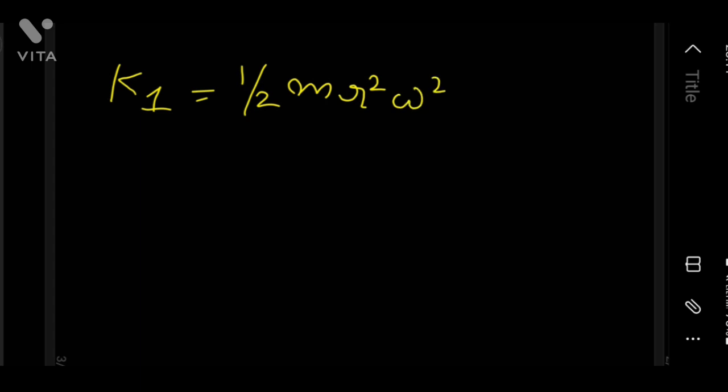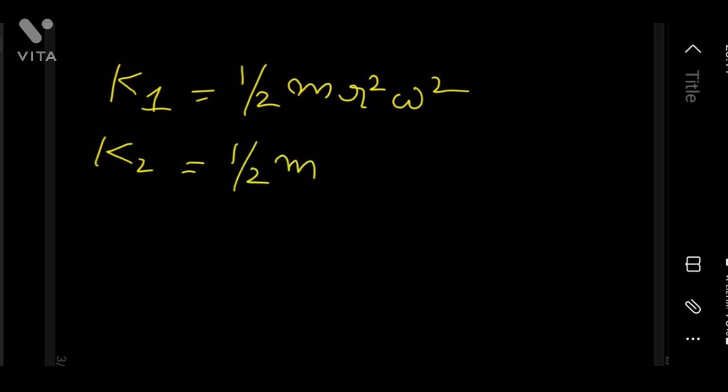K1 is equal to half m v square, and v square is r square omega square, so K1 is half m r square omega square.